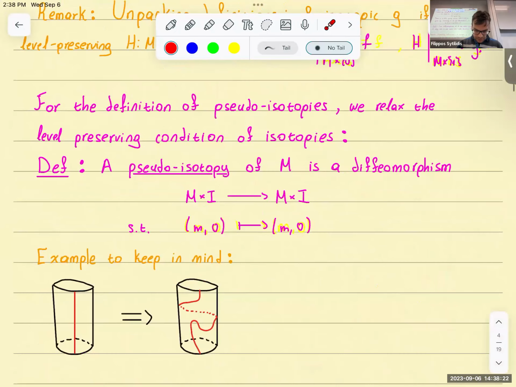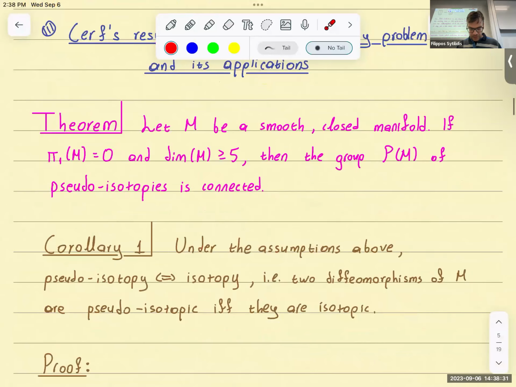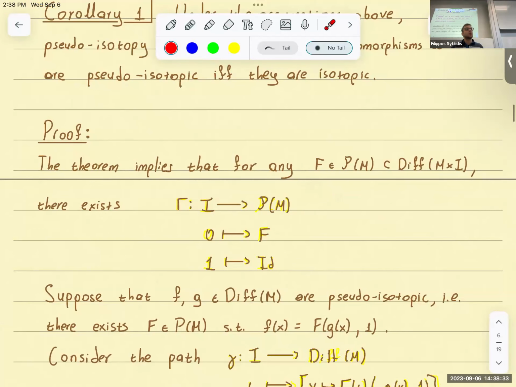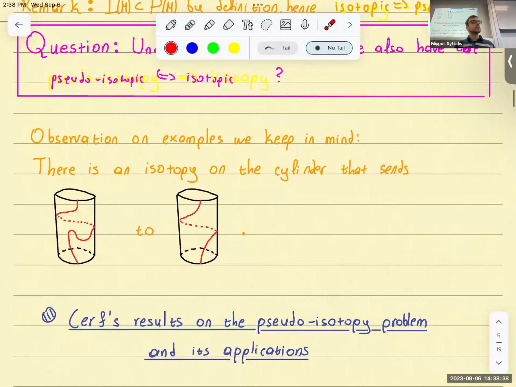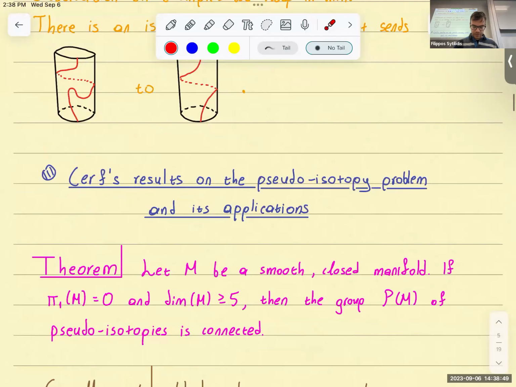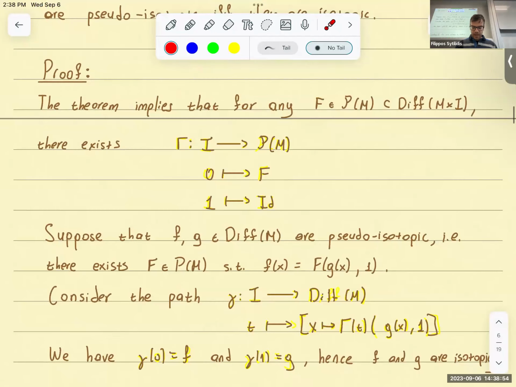Maybe in that picture you could just label the bottom by F and the top by G. Actually, it's the other way around: G on the bottom and F on the top.